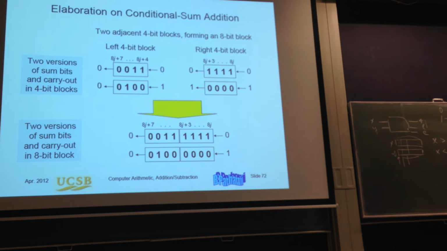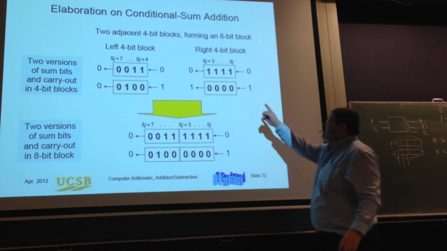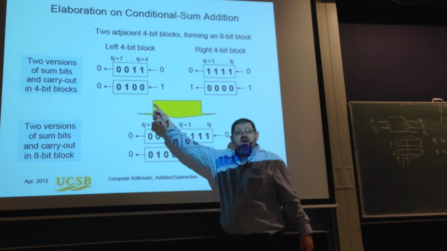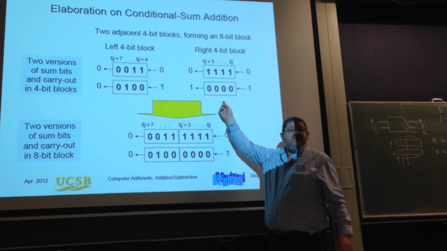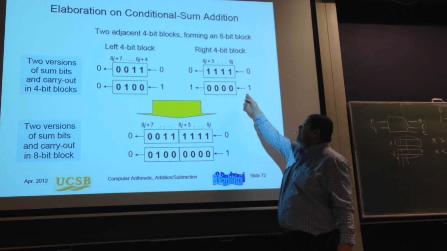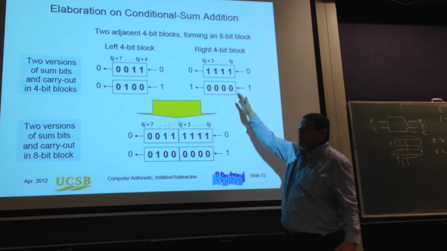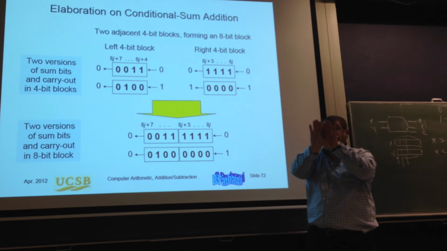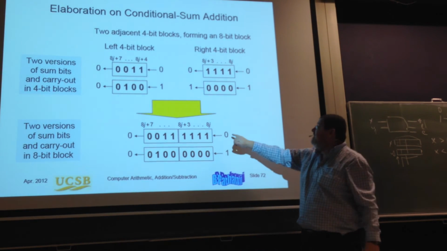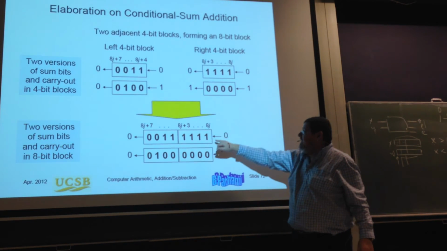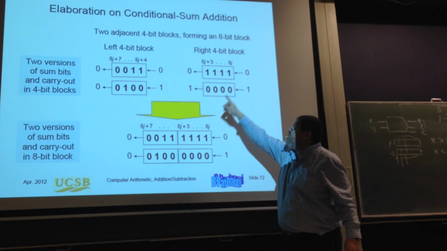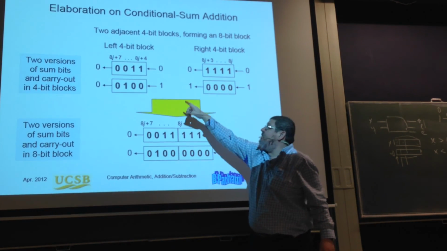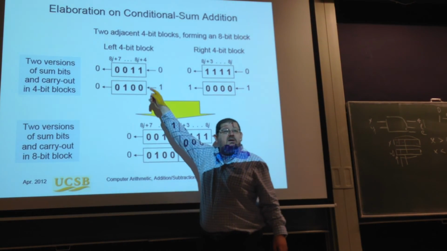Now you see here how there is this combination. I computed independently the sum for 4 bits, assuming 0, 1, 0, 1. And now when I'm combining them in a multiplexing step, whenever there is a 0, I take this first, which will result in a carry of 0, which will select that one.